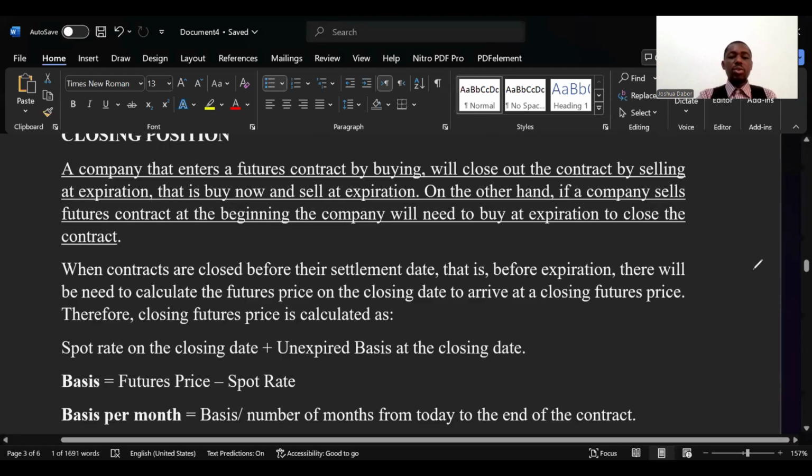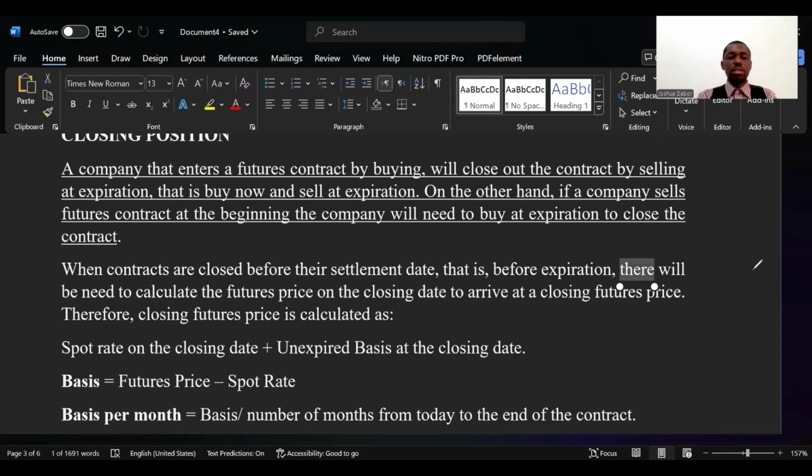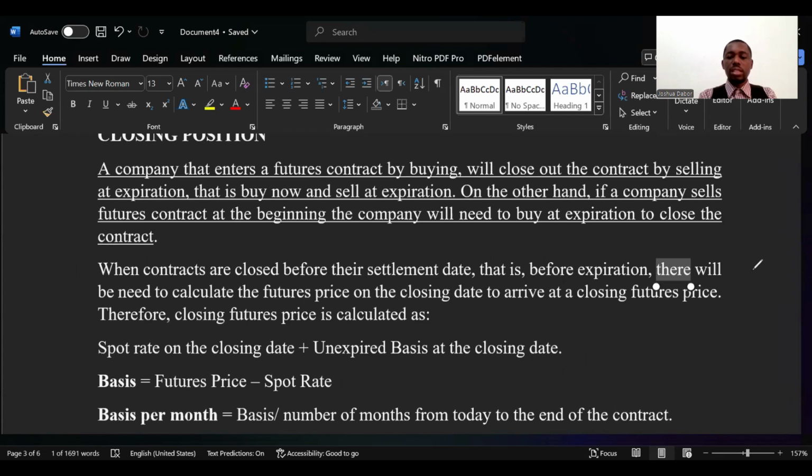So when contracts are closed before their settlement dates, that is before expiration, there will be need to calculate what the futures price is on the closing date. So in this example, if the futures are closed before the closing date, you need to calculate the closing rates to arrive at the closing futures price.